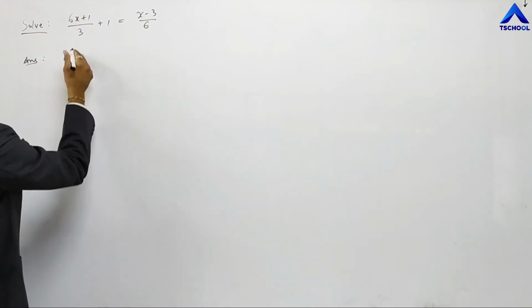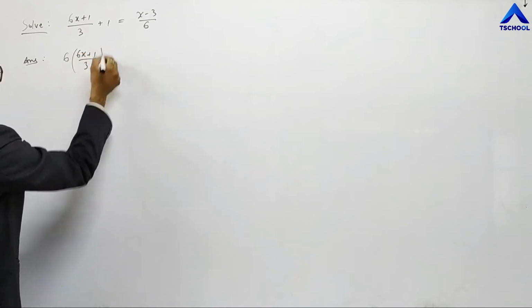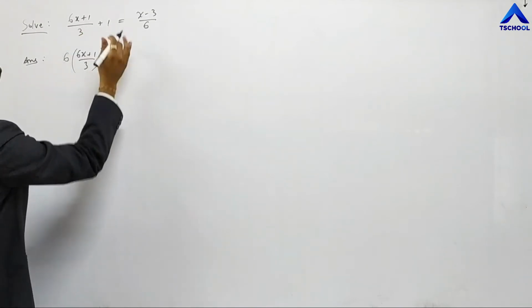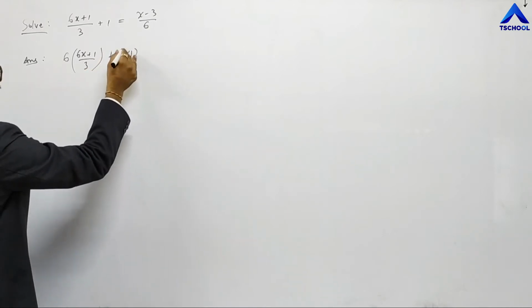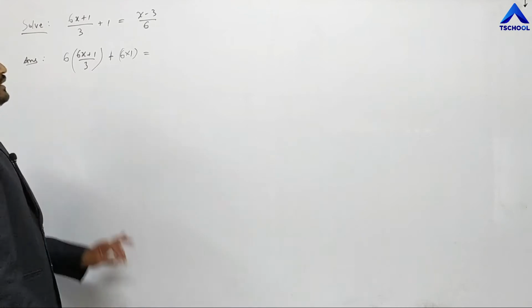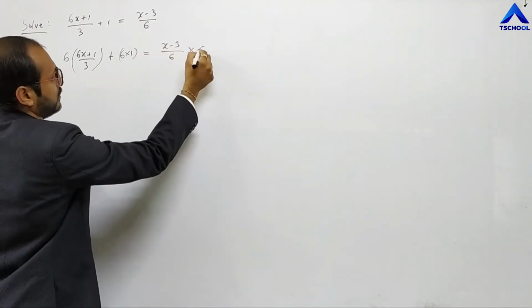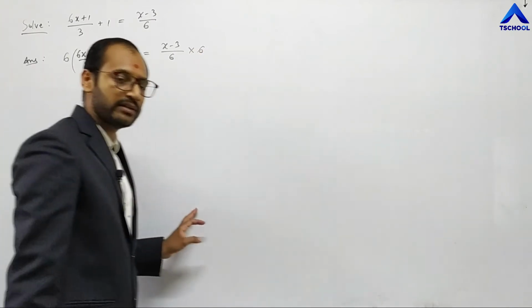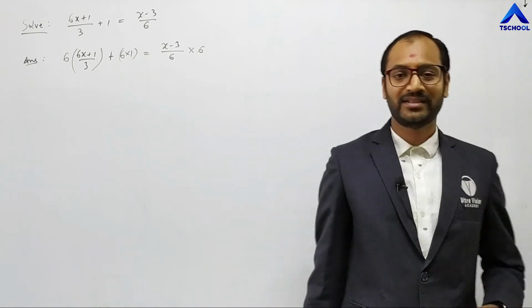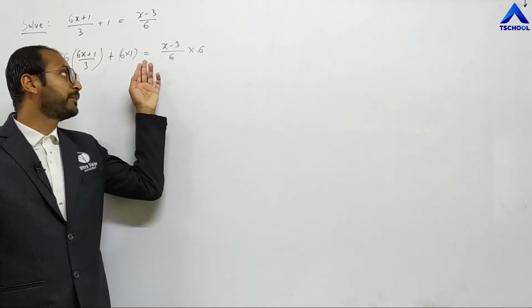Here is 6 times of (6x plus 1) by 3 plus, here I have to multiply also 6 because there is 6 into 1, equals to, here also we have to multiply by 6. We are multiplying 6 on both sides. Clear? That means we have to do the same process on both sides to remain equal.